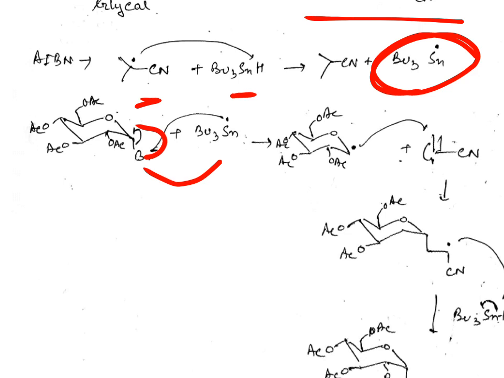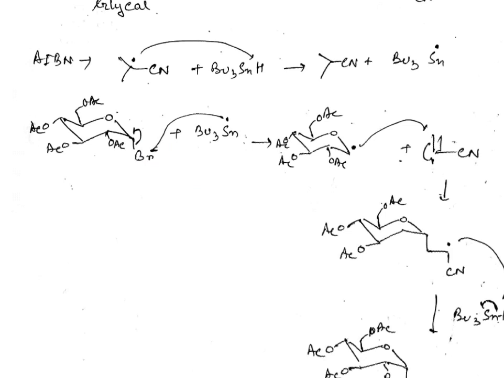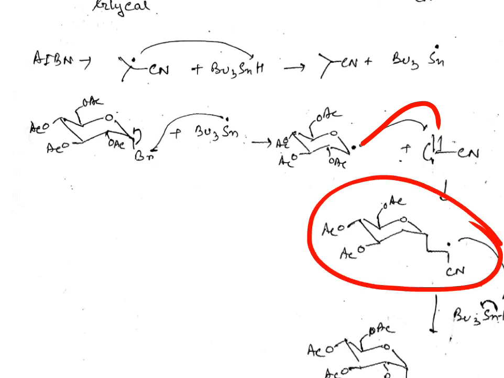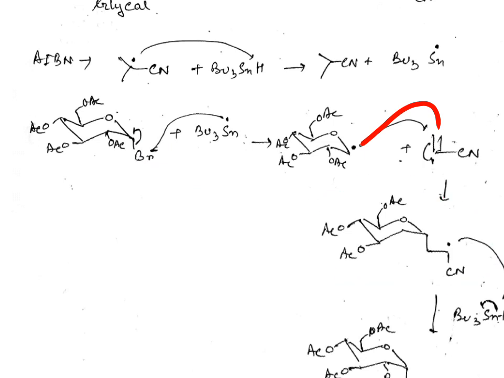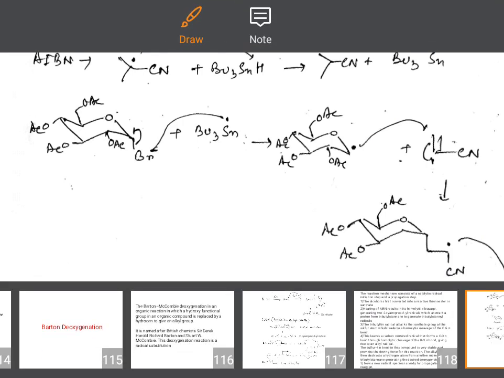Actually of this bonded electron pair, one electron will be taken by bromine, another one will be taken by this carbon. So a carbon radical will form, and this radical actually attacks here, and then this species will be formed, and at last this will snatch a proton from this, and ultimately the product will be formed.